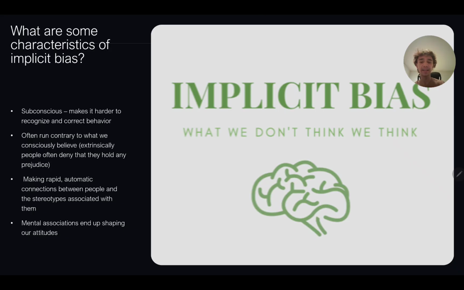So what happens is that we tend to make rapid and automatic connections between certain groups of people, and then there are certain stereotypes associated with those people. And those mental associations ultimately end up impacting our attitudes and how we feel about those people, which ultimately impacts the way we communicate with them.